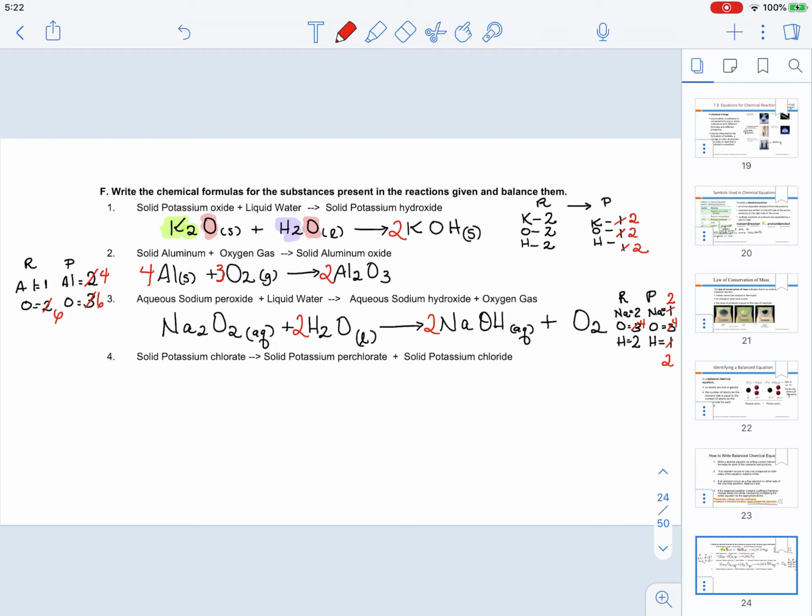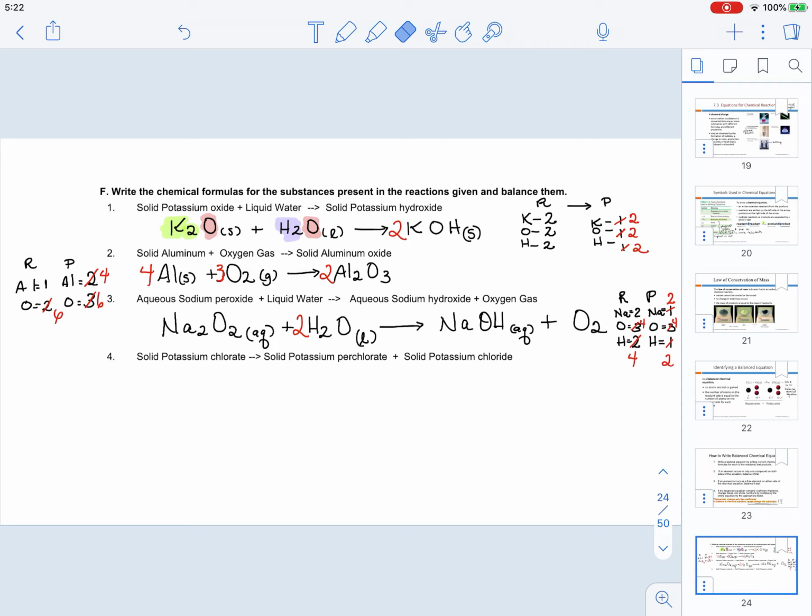But guess what? Now your hydrogens went to 4. Okay. So remember that there's only one spot where you have hydrogen on the products. So possibly this value of 2 is not correct.